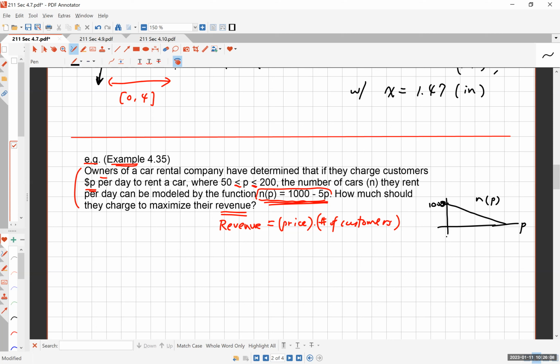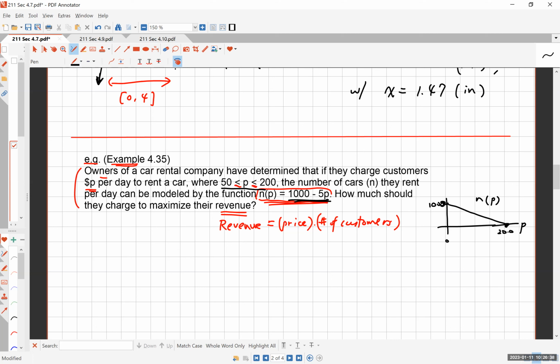And what this is saying is if the price is 0, which it isn't because it's not in the domain, but if the price is 0, then 1,000 people would rent a car. If the price turns out to be 200, remember 200 will make this 0. And so that's this point, the x-intercept or the p-intercept. If the price is 200, nobody is going to want to rent this car, so it's going to be 0.